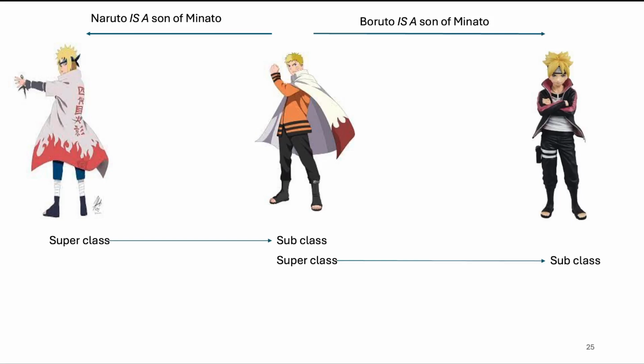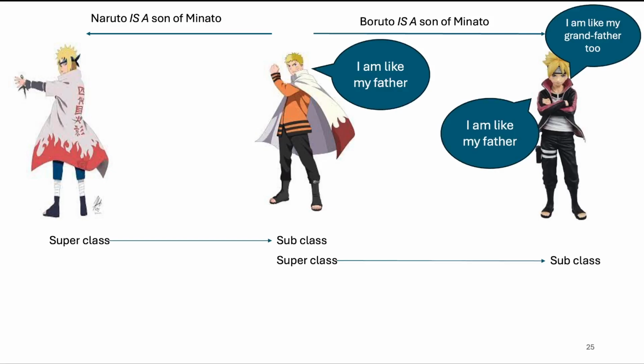Let us take our classic example: Minato, Naruto, and Boruto. Naruto and Boruto can say, I am like my father, and Boruto can even say, I am like my grandfather, because Naruto inherits the properties from Minato and Boruto inherits the properties from Naruto.